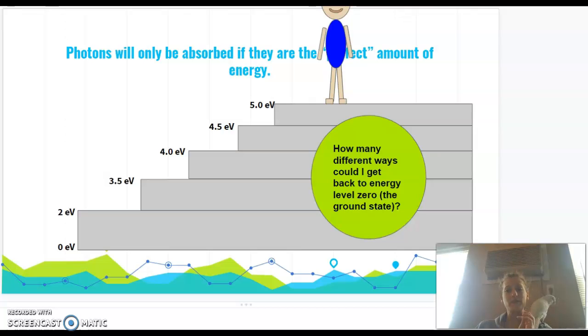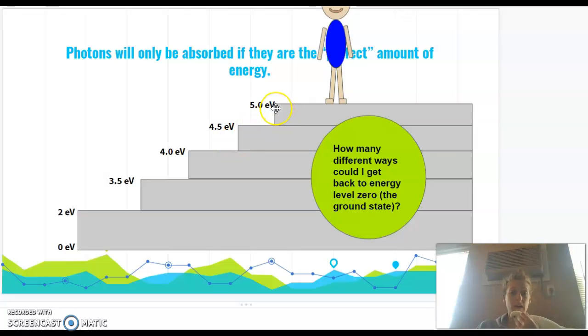Now, how many different ways could I get back to the energy level 0, what we would call the ground state? Well, I could take each step, 5 to 4.5, 4.5 to 4, 4 to 3.5, 3.5 to 2, 2 to 0. So right there, that was 1, 2, 3, 4, 5.